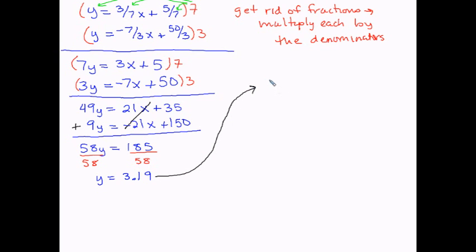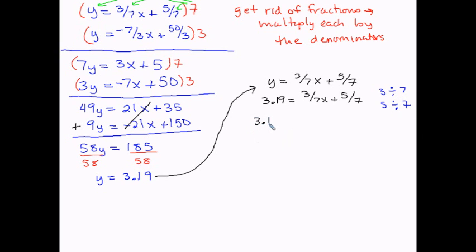And it doesn't matter which one I use, so I'm just going to use the top one. And since I have a decimal over here and fractions on this side, I'm going to convert these fractions to decimals. So I'm going to do 3 divided by 7 and 5 divided by 7.